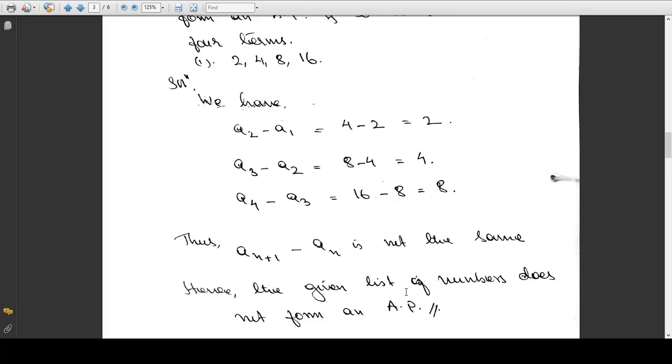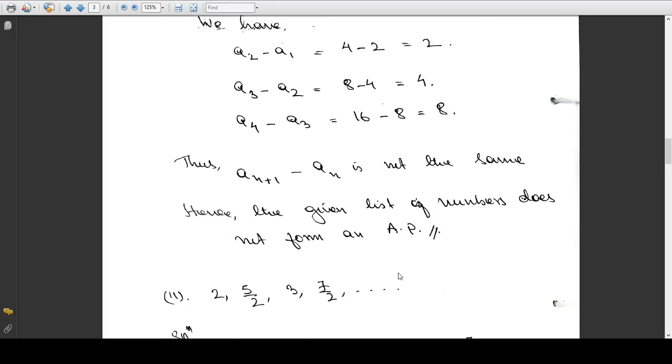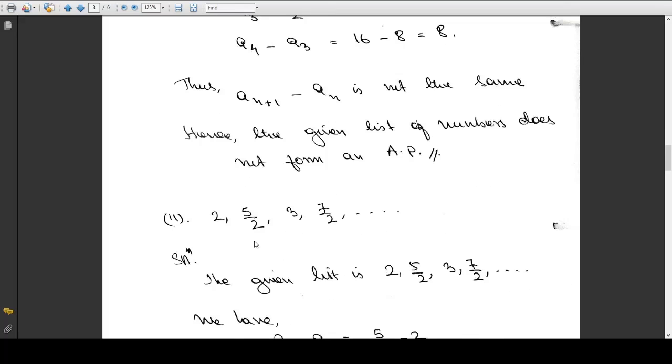Okay, is it clear with this? Now with the next numbers, 2, 5 by 2, 3, 7 by 2, whether this progression is an AP or not, whether the given numbers form an AP or not.